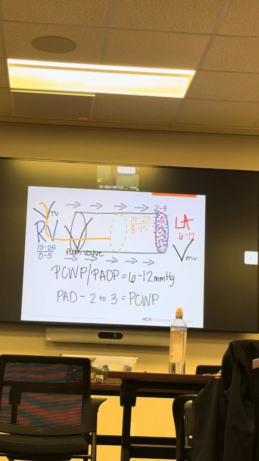Because look at this, guys. In diastole, my pulmonic valve is closed, my mitral valve is open, so from here all the way to that left side is just one long tube. The only thing in the way is that pulmonary capillary bed, and I'm betting you can do simple math.